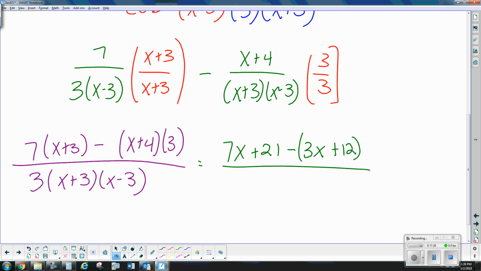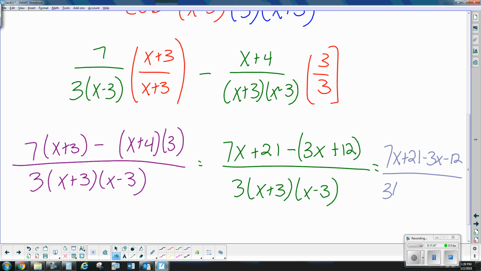So we're subtracting that quantity, 3x plus 12. So we have 7x plus 21 minus 3x minus 12, all over 3 times x plus 3 times x minus 3.